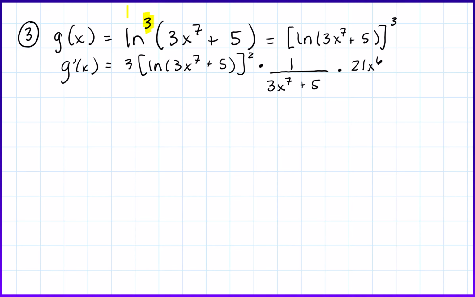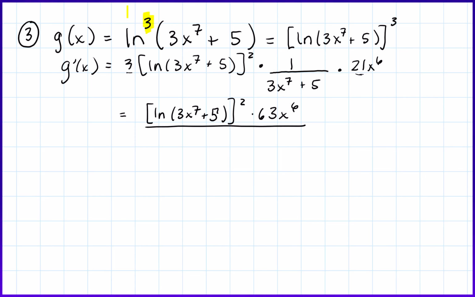There's not a ton of simplification. I guess I'm going to combine that into one fraction. So we end up with the natural log of 3x to the 7th plus 5, squared, times, in the top here we have 63x to the 6th, and that's all over 3x to the 7th plus 5.